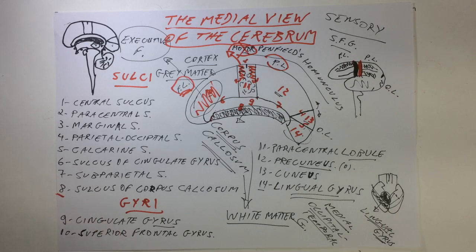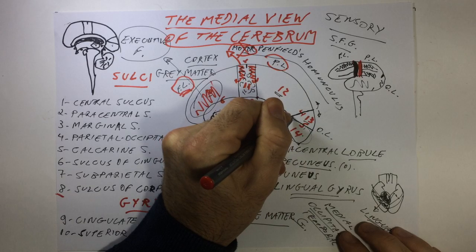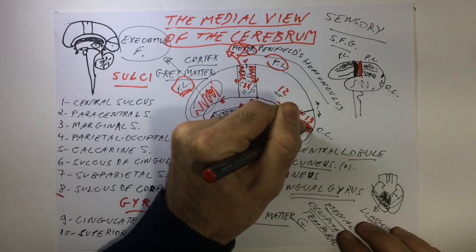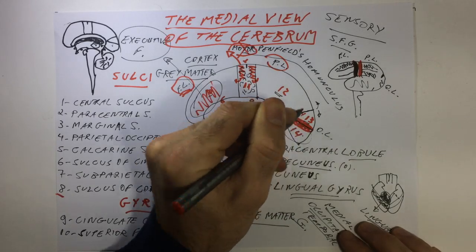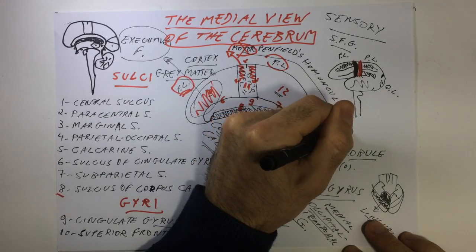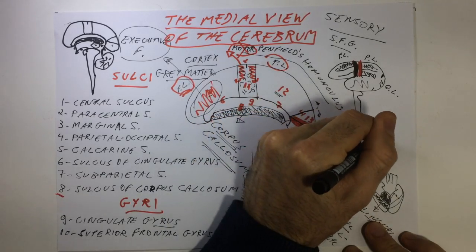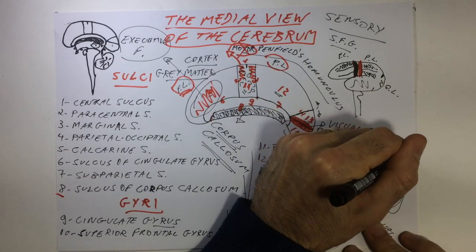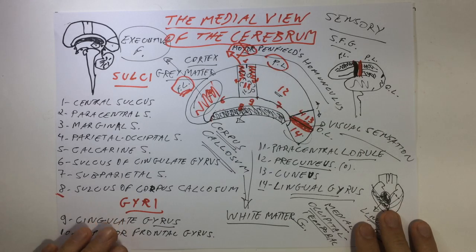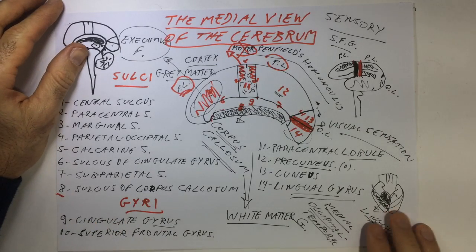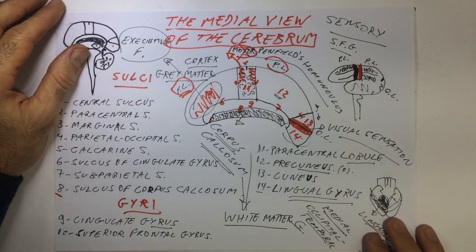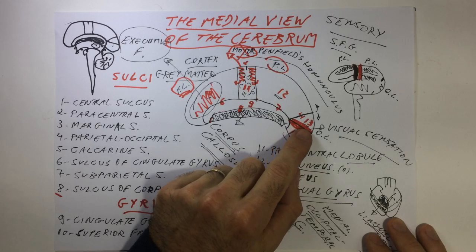Other than that, around this structure here, around the calcarine sulcus, we have the visual sensation. Everything that you see, all stimuli in our field of vision, gets to specific parts of this structure.